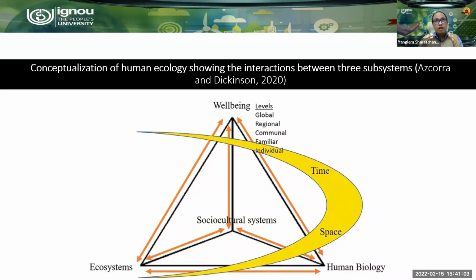So when we are trying to study the issues of sustainability from the perspective of human ecology, we have to look into different components in terms of time and space, a spatio-temporal approach, right?